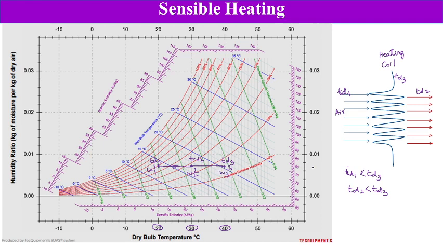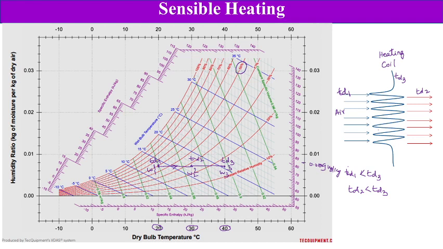Approximately it is somewhere here, say 0.009 kg per kg of dry air. This is going to remain constant, whereas the relative humidity at point 1 is 50%.